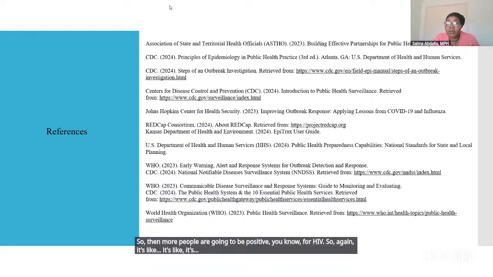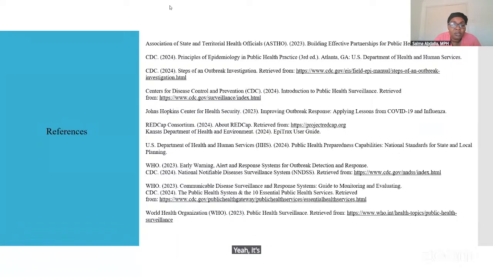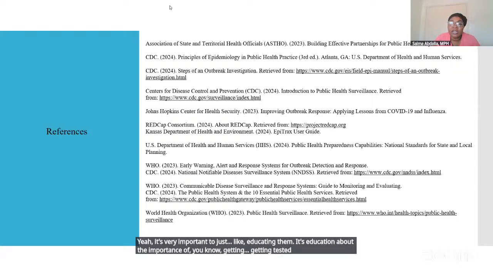It's all about disease prevention and preventing the disease before it happens. So it's important to the HIV community, people who are HIV positive. It's very important to educate them about the importance of getting tested. Even if they got tested this year, some of them are like, oh, I just got tested 2 years ago.